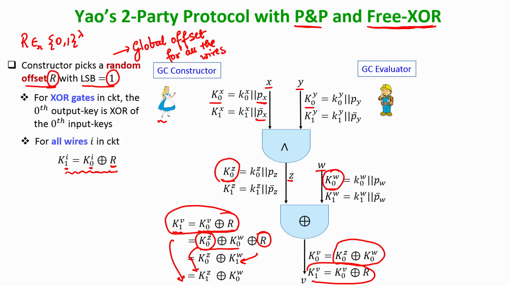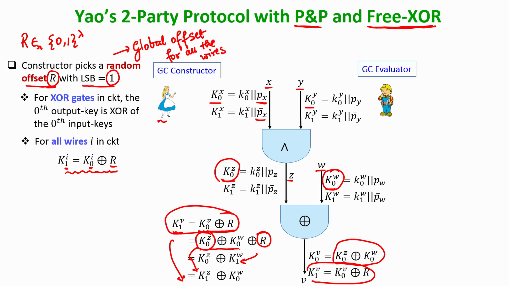That means the value assigned to the V wire for the bit 1 is either the XOR of the key assigned to the Z wire with 1 and the W wire with 0, or it is the XOR of the Z wire key assigned value 0 and the W wire key assigned value 1.